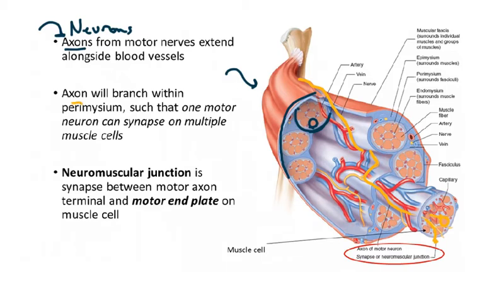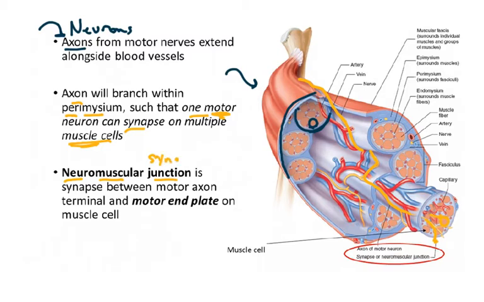So the axon branches within the perimysium, such that one motor neuron, so these are motor neurons, will synapse on more than one muscle cell. And anytime you have a motor neuron synapsing on a muscle cell, it's called a neuromuscular junction. And we use this word junction.